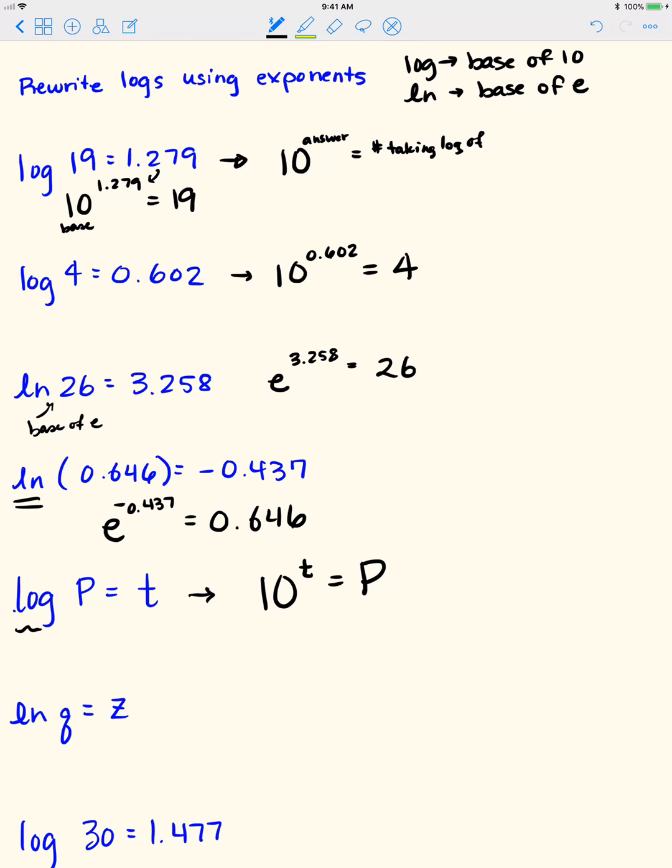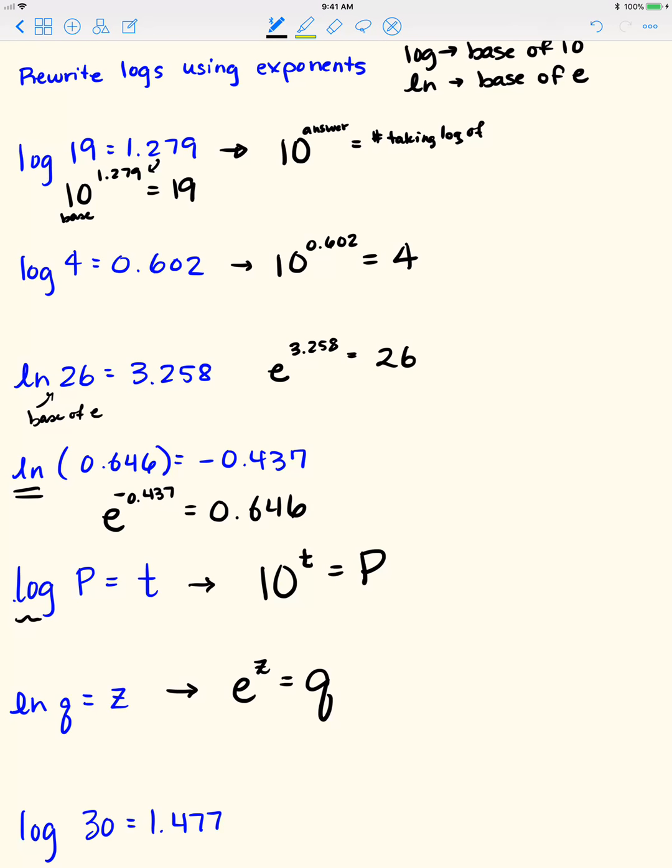Natural log of q equaling z: natural log uses a base of e, so we'll raise e to the z power, and that should give us the q value. Last one: log of 30 equals 1.477. That rewrites with a base of 10, raised to the 1.477 power equals the number 30.